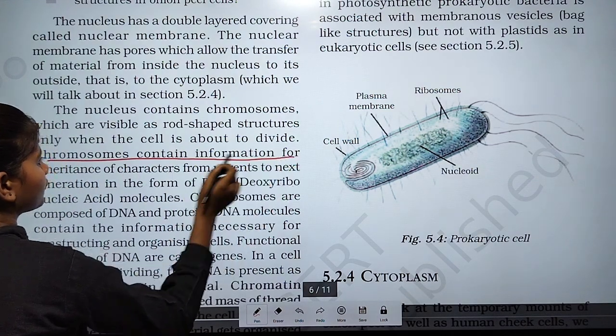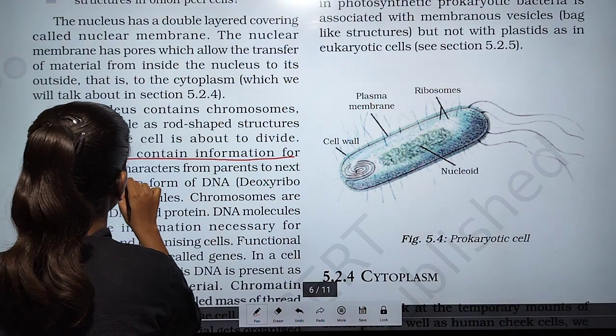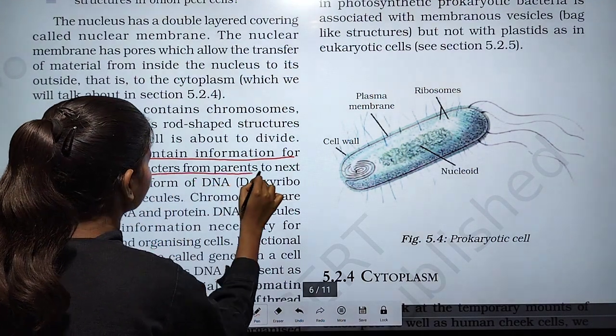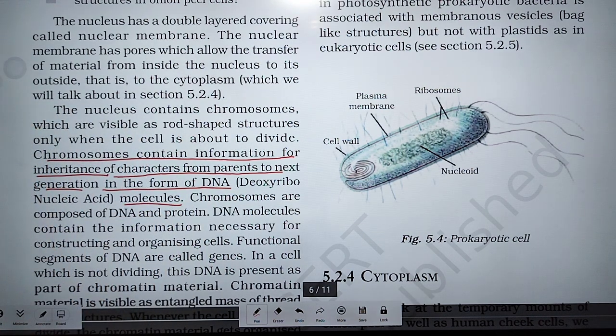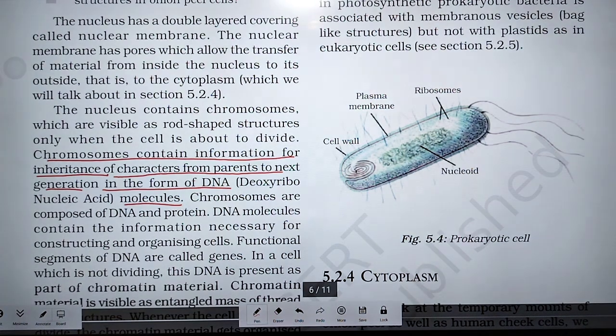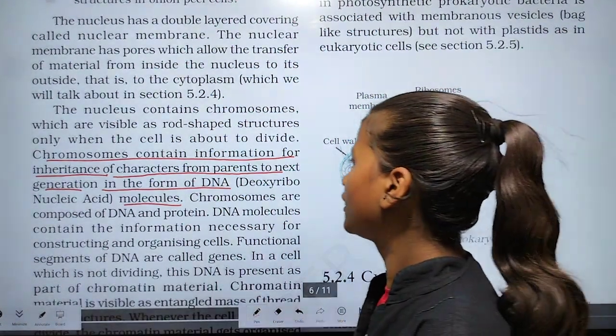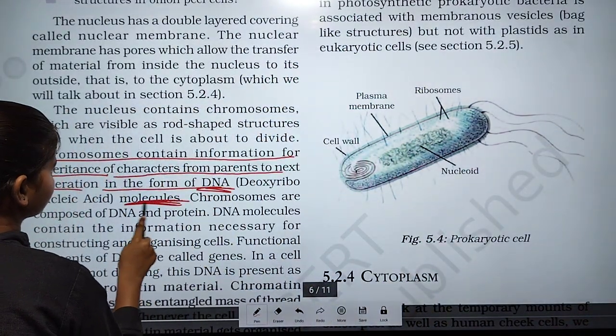Chromosomes contain information for the inheritance of characters from parents to the next generation in the form of DNA molecules.